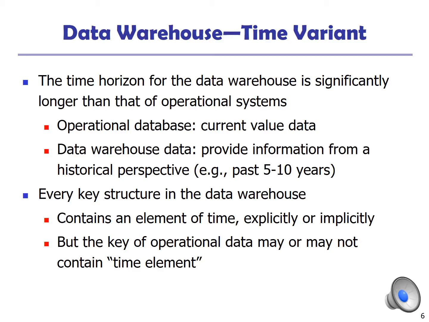Every key structure in the data warehouse contains an element of time, explicitly or implicitly. So everything in the data warehouse will be associated implicitly or explicitly with some kind of timestamp, okay? But the key of the operational data may or may not contain a time element, right?